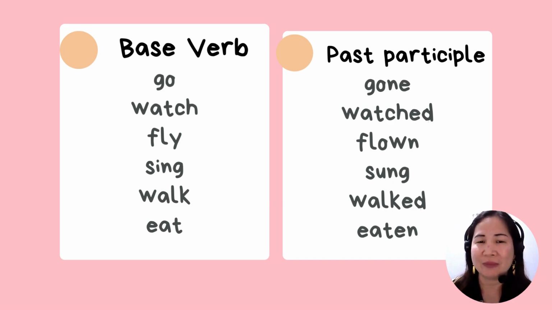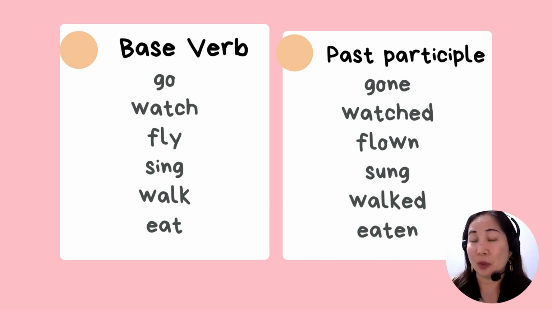Here we have a list. The first column is the base form of the verb, and the second column is the past participle form of the verb. Let us read. Go, gone. Watch, watched. Fly, flown. Sing, sung. Walk, walked. Eat, eaten.